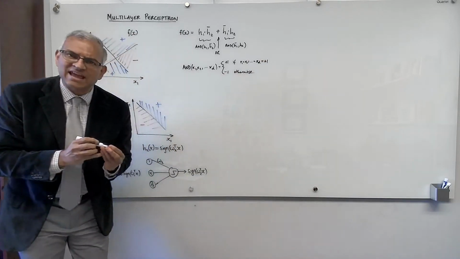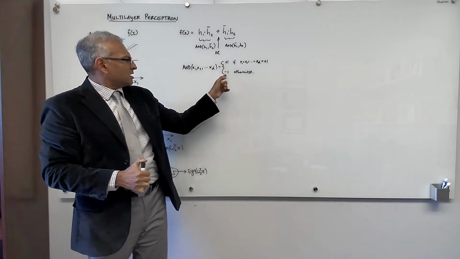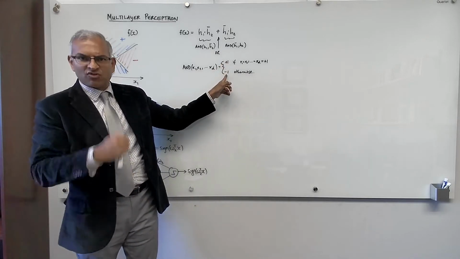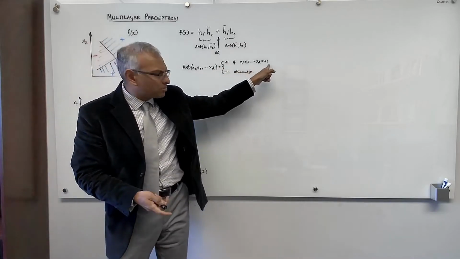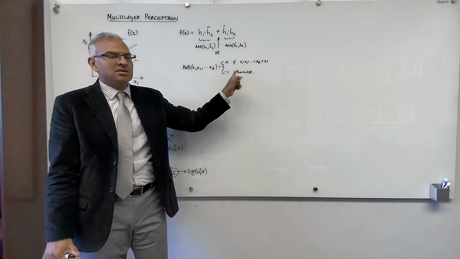Okay, so it's a standard AND function. Think of plus 1 as true, or minus 1 as false. So the AND is plus 1 if all its inputs are plus 1, and otherwise it's false.